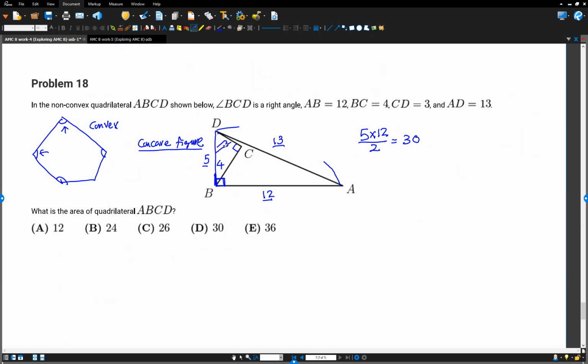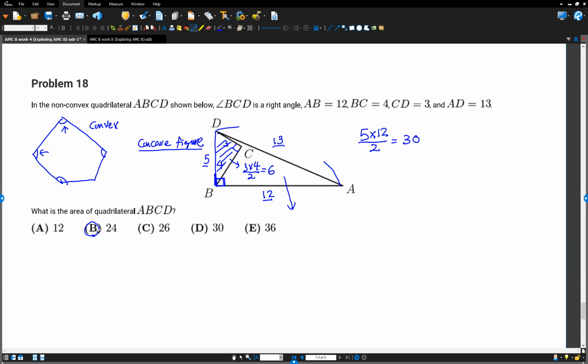Now take away this area: 4 times 3 divided by 2, not 3. Divided by 2 is 6. You take 6 from 30, 30 minus 6 is 24. That is the answer. This is number 18.